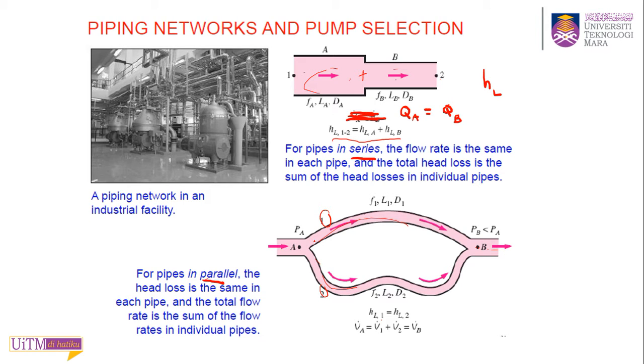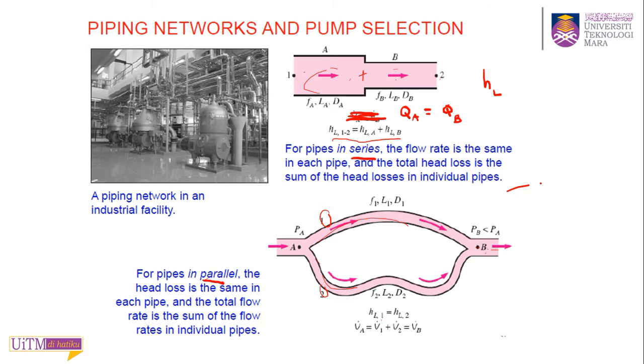So QA equals Q1 plus Q2, and equals QB, the summation of Q1 and Q2. So that is the difference between piping networks in series and in parallel. We have discussed this before, right?